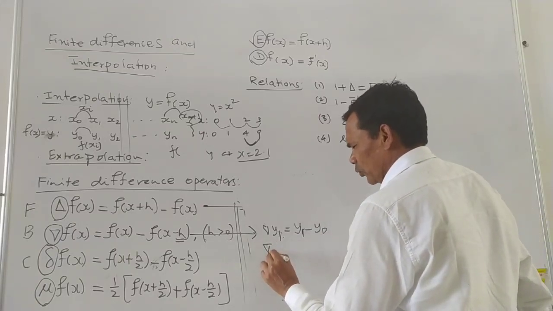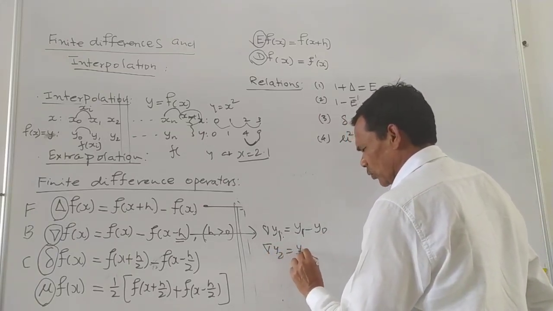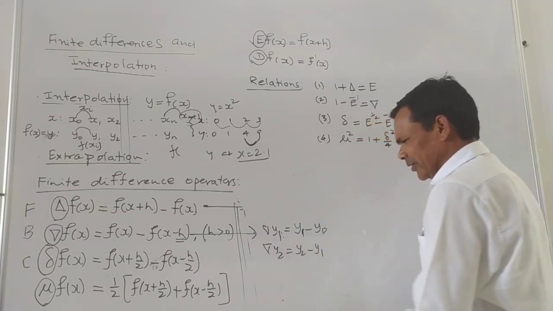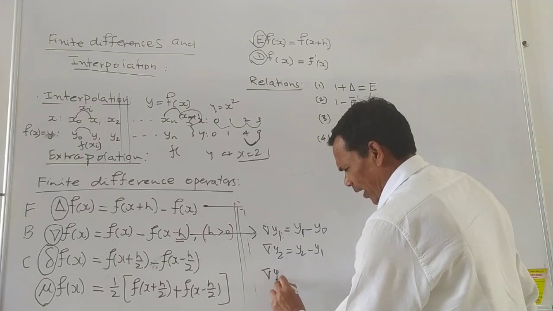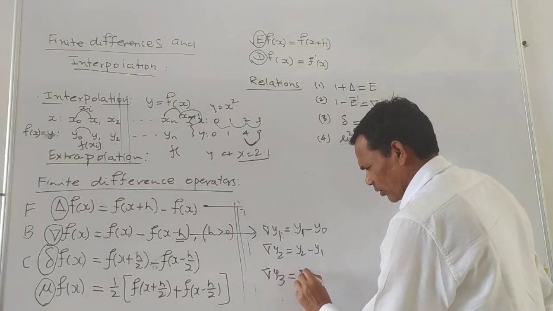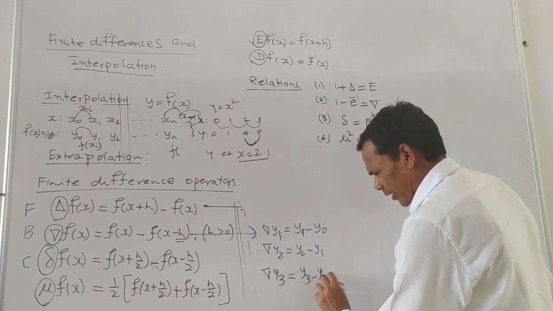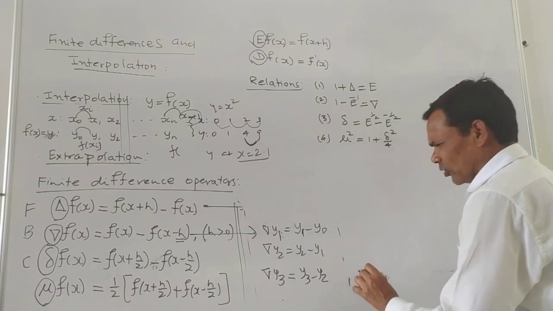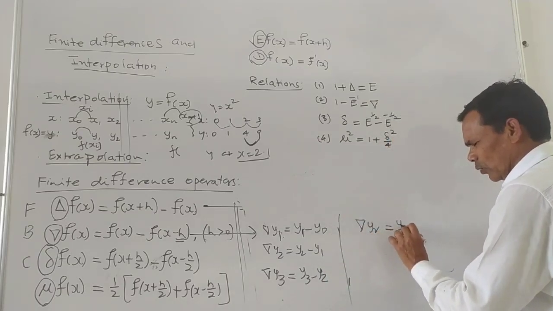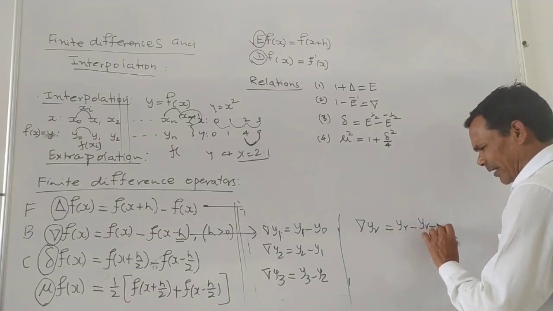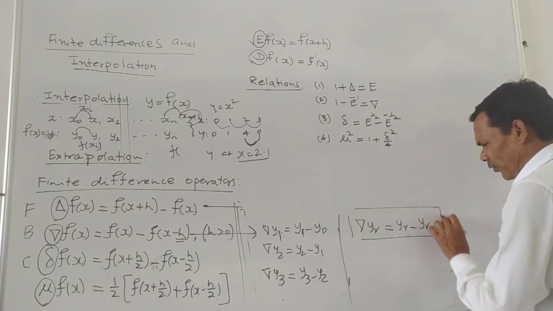Del y2 is y2 minus y1. Del y3 is equal to y3 minus y2. These are the definitions of these operators. Del yr is equal to yr minus y(r-1). This is the generalized form.